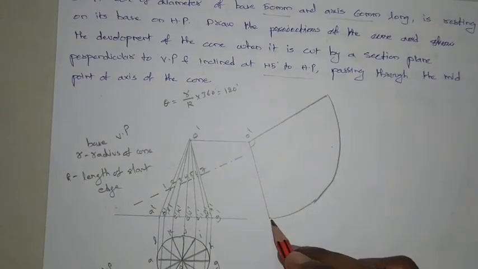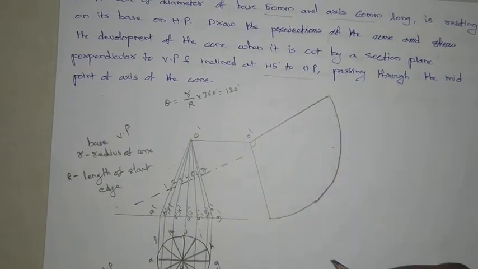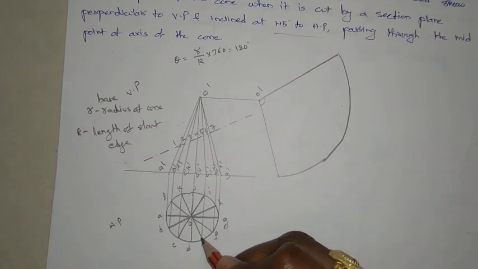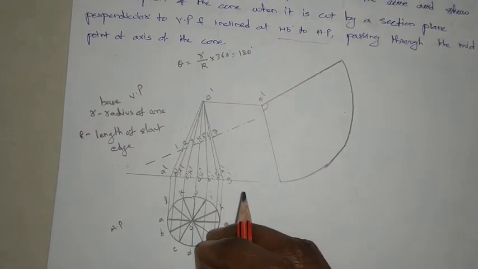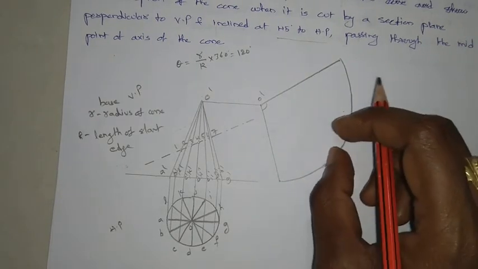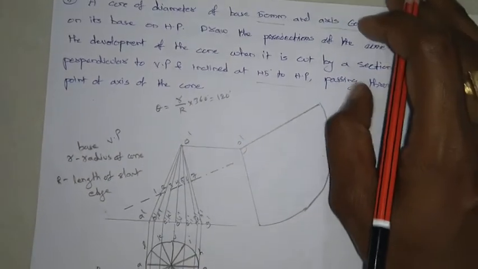Now you have to divide this 120 degrees arc into 12 equal parts with the help of 10 10. If not, we can choose this also. With the help of compass you can measure any length, this one or this one or this one, and with the help of this same length you can put arcs like this here, 1 2 3 4 5, like this. You get the same solution.